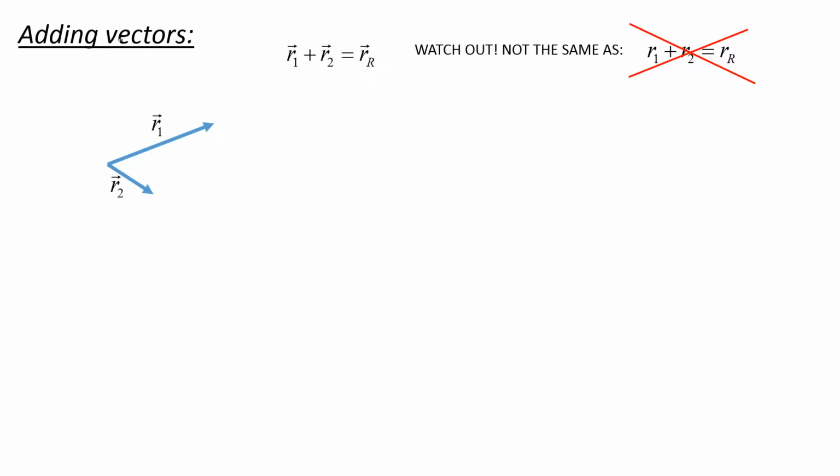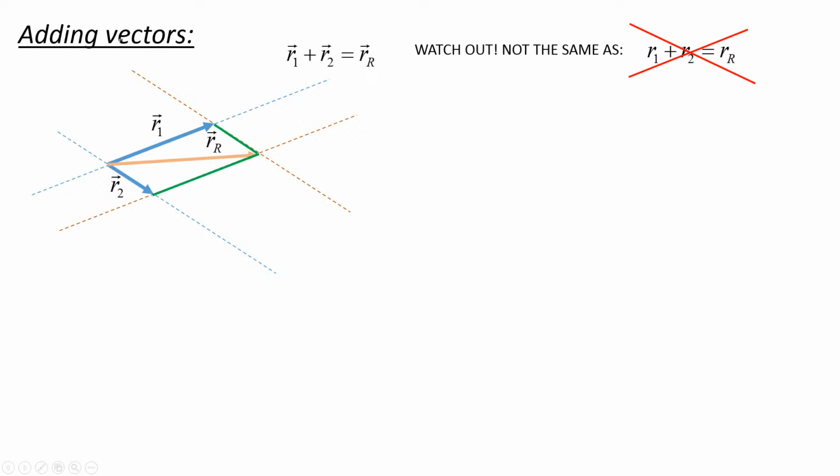For example, r1 goes in this direction, slightly up, r2 goes in this direction, slightly down, and when we add them together we have to use the parallelogram rule, which means we use both directions, then we make a parallelogram out of them, and we connect the origin point with the opposite parallelogram point, and we have our resulting vector.